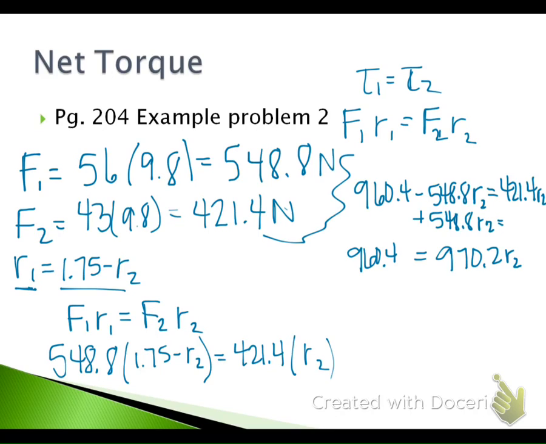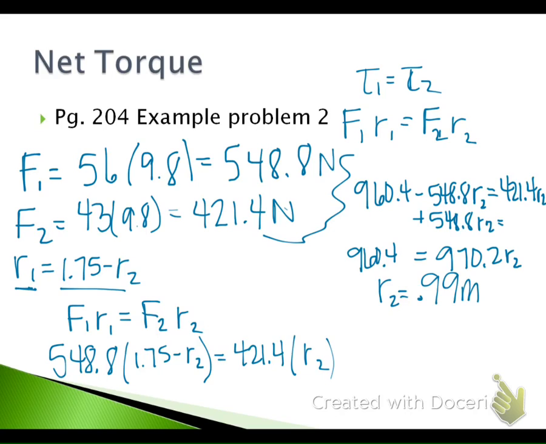So then to solve for R2 by itself, what do we need to do with this 970.2? Divide it over. So that gives us R2 of about 0.99 meters. Yes or no? Do we agree?